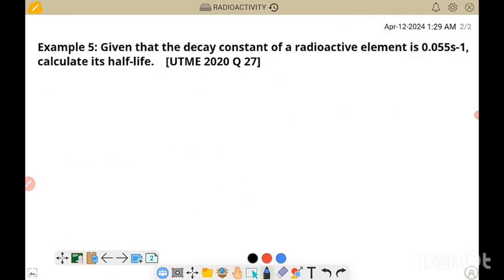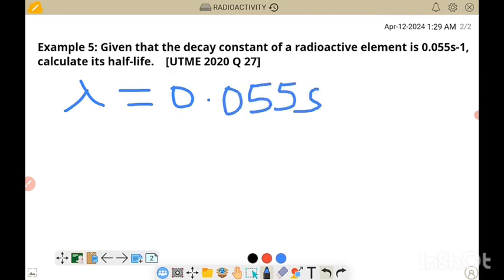Now in this particular one, question number 5 says, given that the decay constant of a radioactive element is 0.055 per second, we have to calculate the half-life. According to the question, what we're given here is the decay constant, 0.055 per second, and we have to find the half-life.